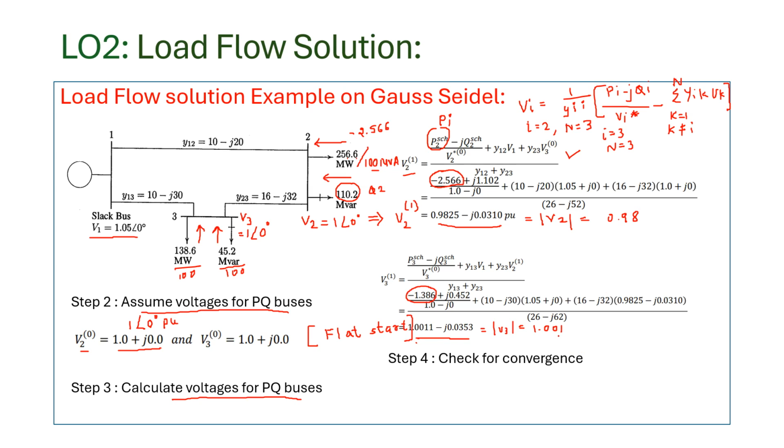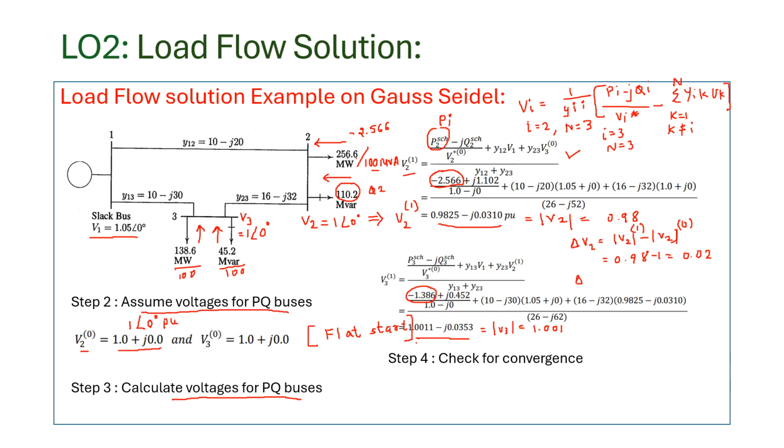Now we have to find out the difference vector. So the difference vector V2 is equal to V2 calculated minus assumption. So this is our first iterated value and our assumption is 1. So we get 0.98 minus 1, around 0.02.